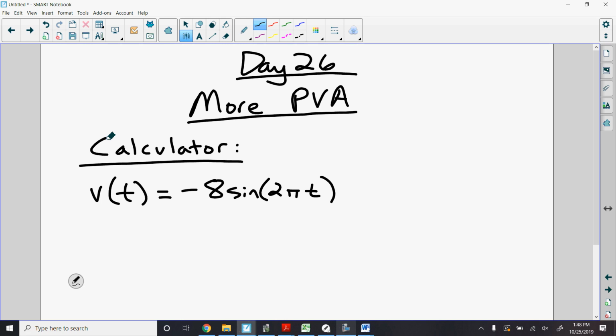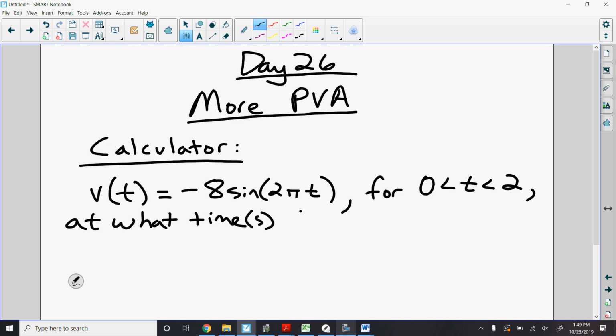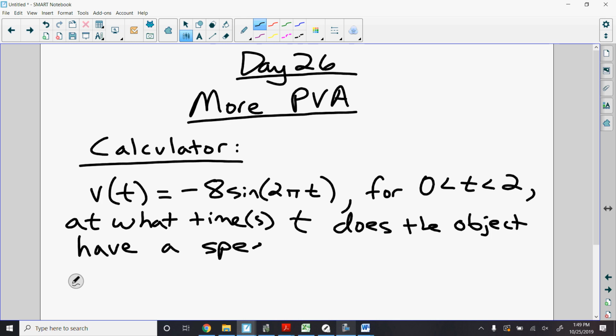And the question is, between 0 and 2, at what time or times t does the object have a speed of 5?